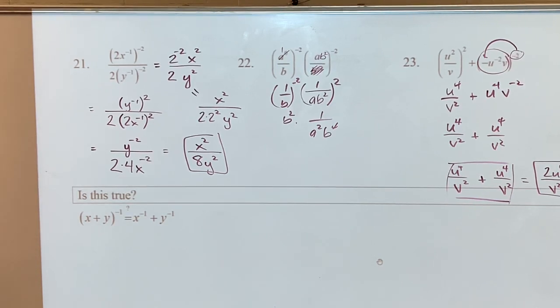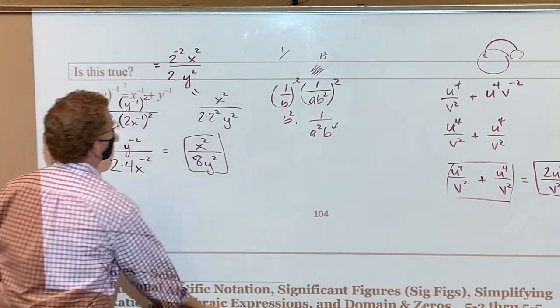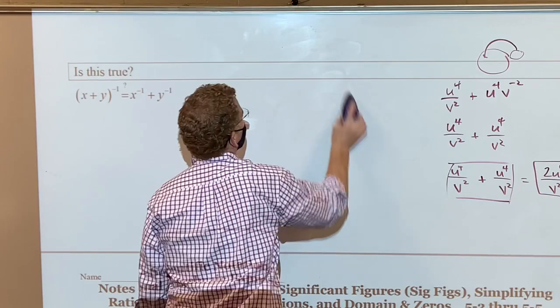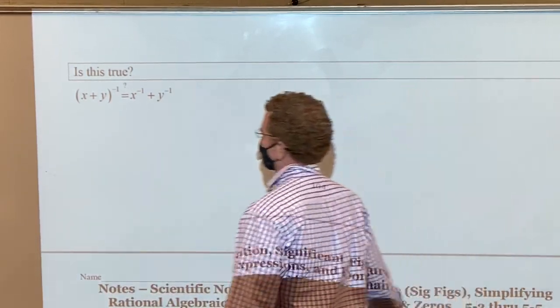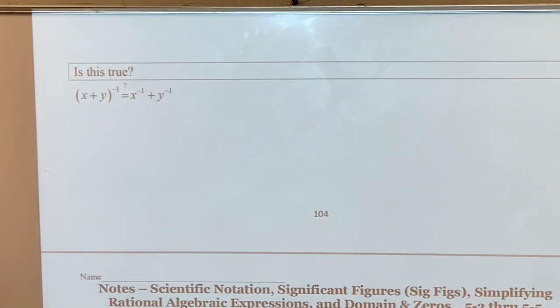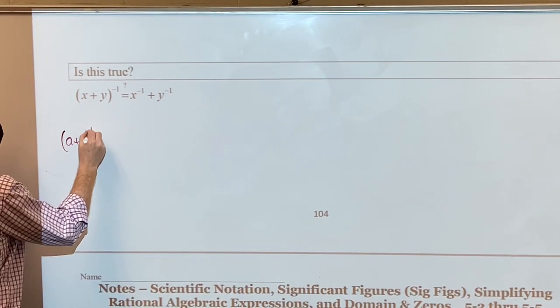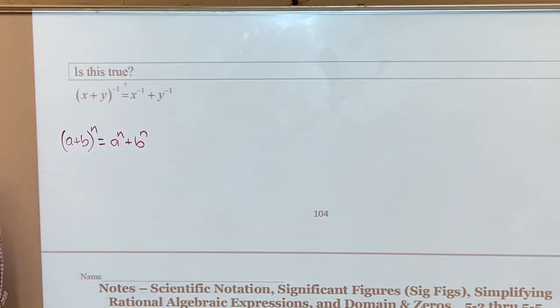All right, last thing. Is this true? And this is such a big mistake I see over and over. I mean, it looks true, right? Because we know that this is true, isn't it? Is that true? No, that's not true.